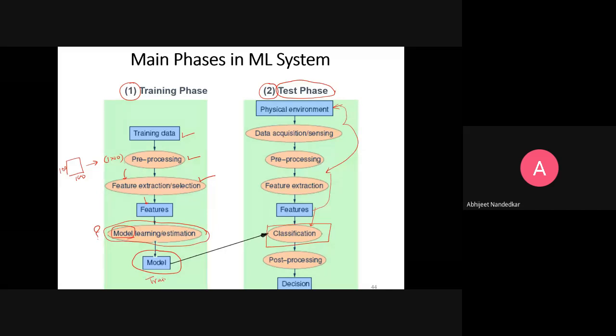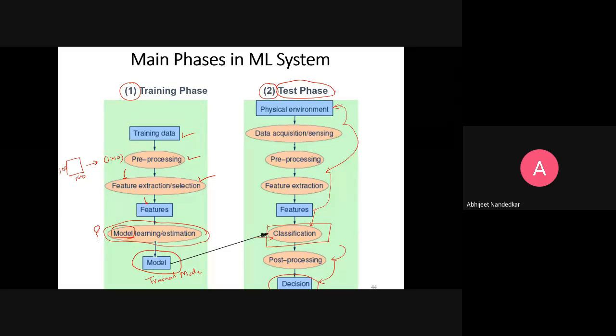Once you take new input from the real environment, it is processed, and the features extracted from it are given to this model. The model will do the post processing and take some decision. It will do classification, or estimate if it is a regression problem, and then you take a final call, a final decision.